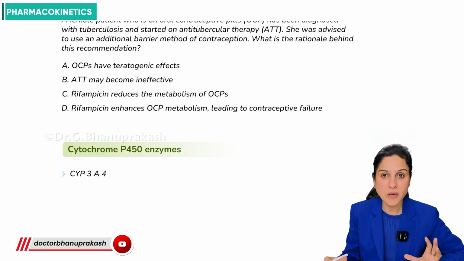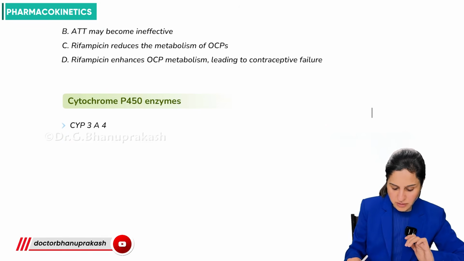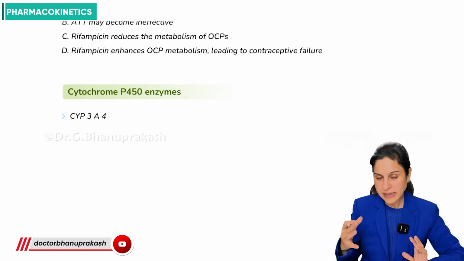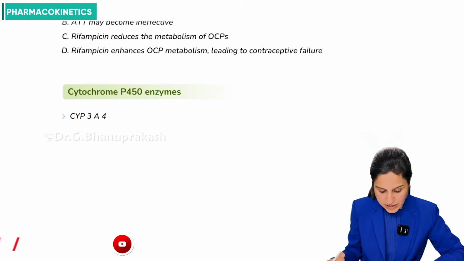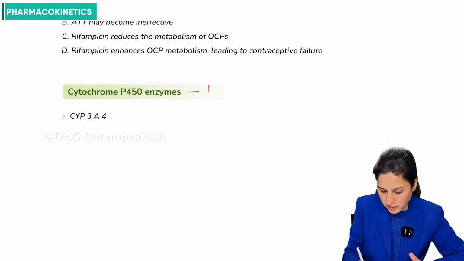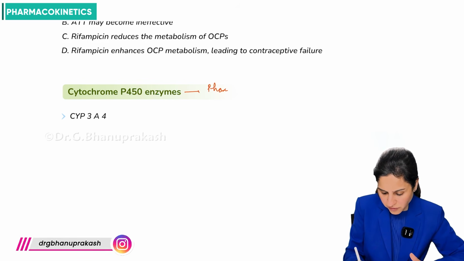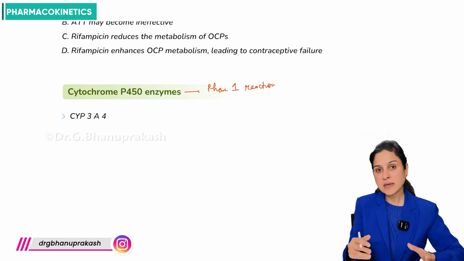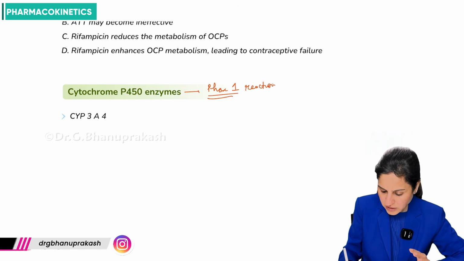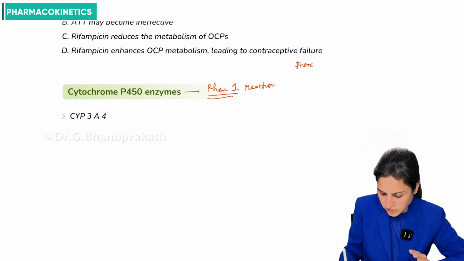Now, here comes an important concept for us, the CYP or the metabolism that we should know. So let's see what it is. Cytochrome P450 enzymes are important enzymes responsible mainly for phase 1 reactions of metabolism. You know that metabolism occurs in the liver and there are two phases, phase 1 reaction and phase 2 reaction.